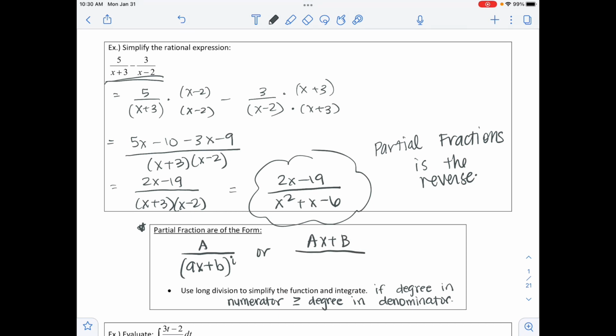Or you can have a linear numerator over a denominator that has a larger exponent, or degree larger. So we'll say a, b, lowercase a, lowercase b, lowercase c are constants.